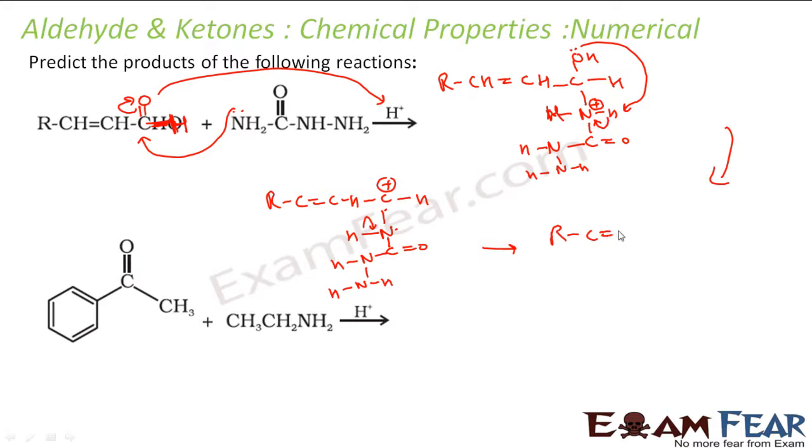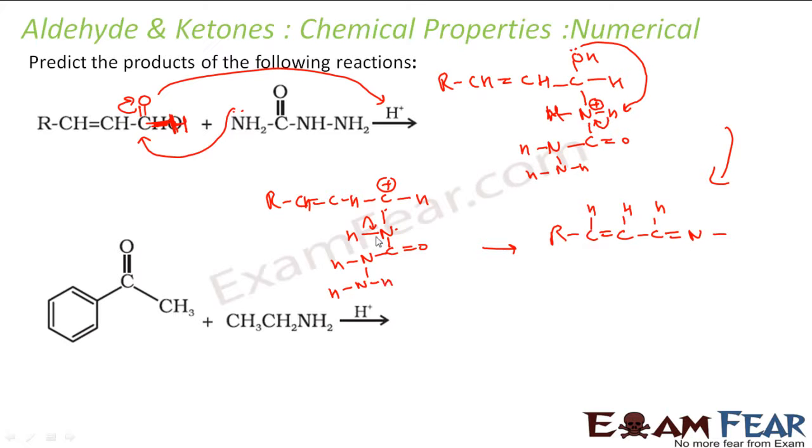This becomes R, C. This is H actually here. R, C, H, double bond C, then H, then C, then H, and there is a double bond now between nitrogen and carbon, and this hydrogen is gone.